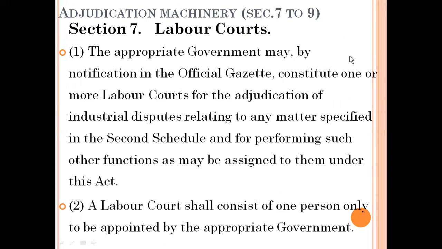Then the second part is adjudication machineries, sections 7 to 9. Section 7, labor courts.